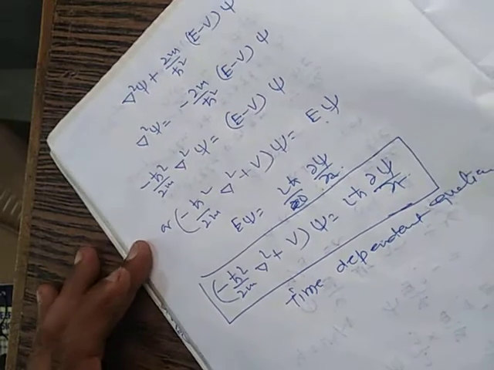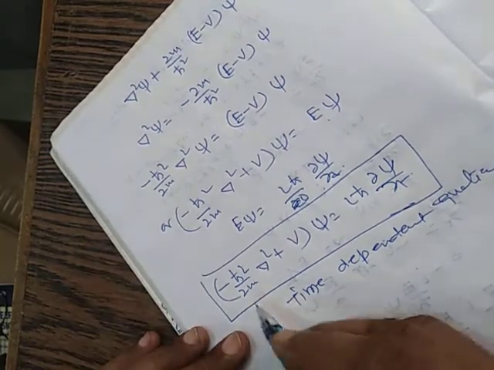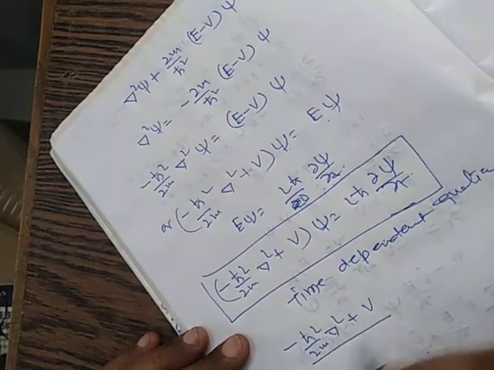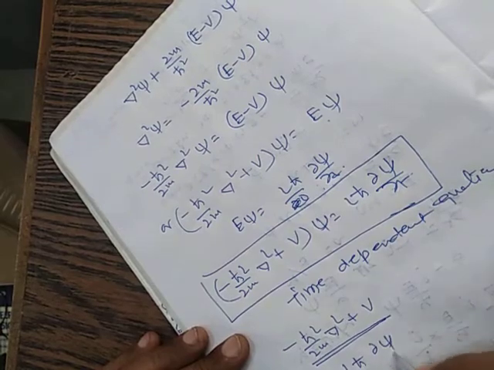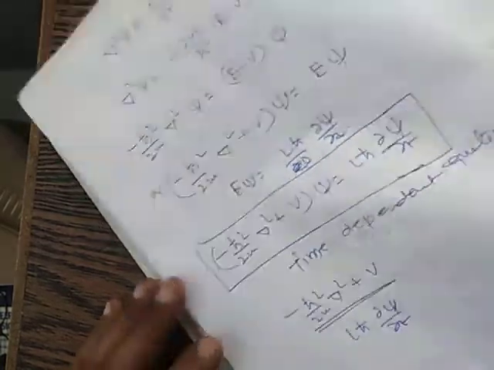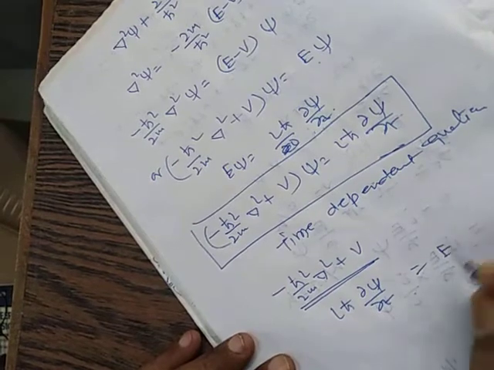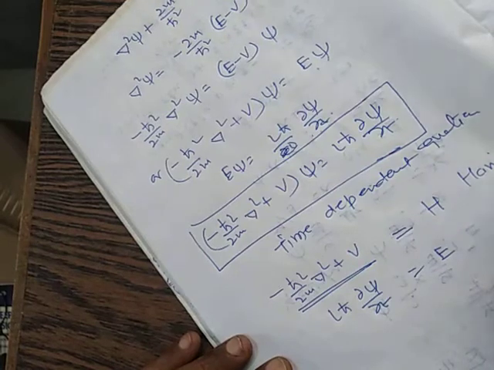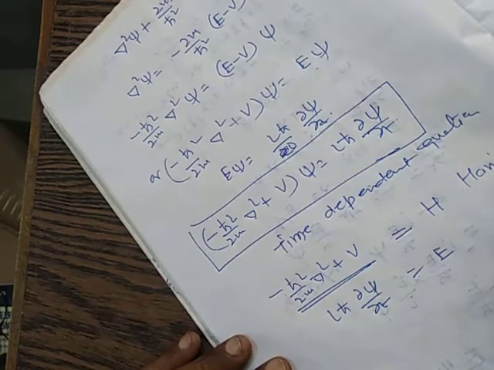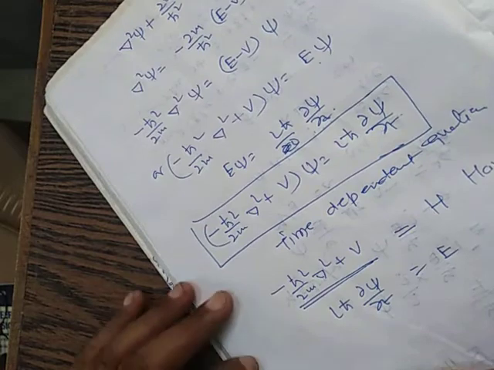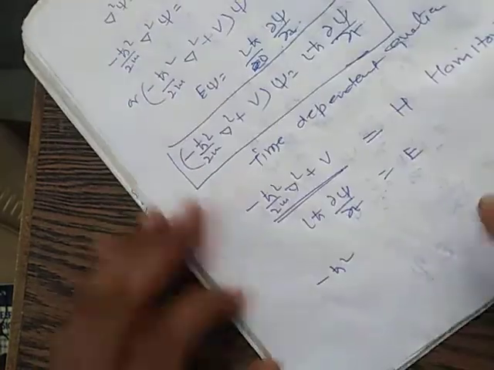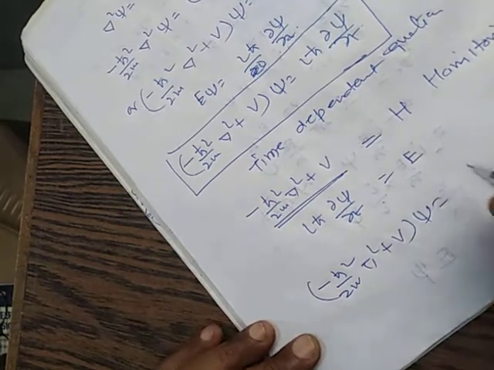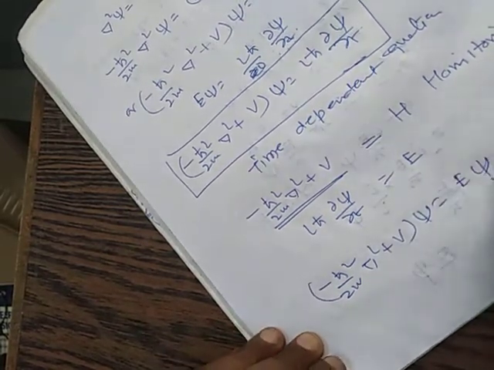So what does this equation basically represent? Minus h cross square upon 2m del square plus v is one term, and iota h cross del psi upon del t is one more term. This basically represents the energy E, and we write this as H, the Hamiltonian. If I again write minus h cross square upon 2m del square plus v psi is equal to E psi, what is E?